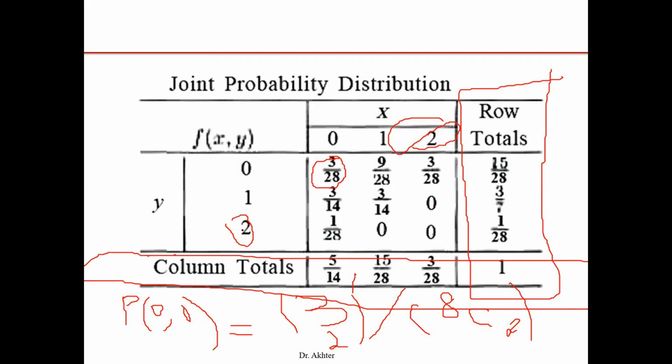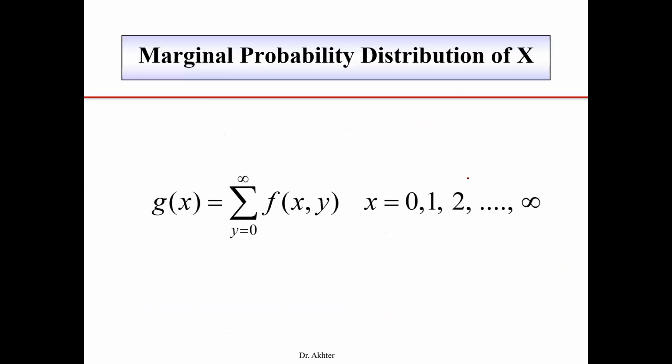So we have a joint distribution. This is in the center. Inside we have a marginal of y, and a marginal of x. So marginal of x, marginal of y, and a joint distribution. These are the 3 things. This is marginal of x when the probabilities are summed over y.